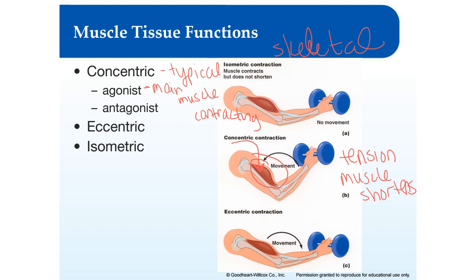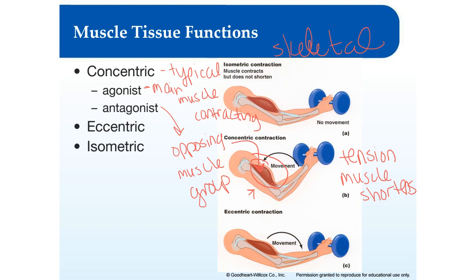And my antagonist is going to be the opposing muscle group. The opposing muscle group is important here because it's going to need to relax or stretch out so that I don't tear something on the back side of my arm. So again, in our picture, our agonist performing the main muscle contraction is the bicep, where our triceps would be our antagonist, the one that's going to need to relax so it can stretch out.